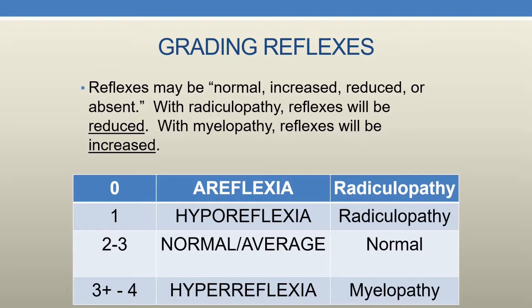Reflexes that are normal or average are graded as 2 or 3. And then reflexes that are overly active, also known as hyperreflexia, are graded as 3+ to 4. And that would be suggestive of myelopathy.